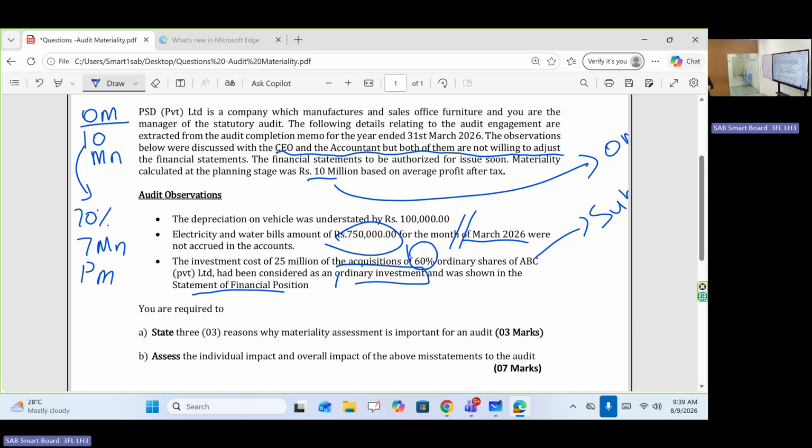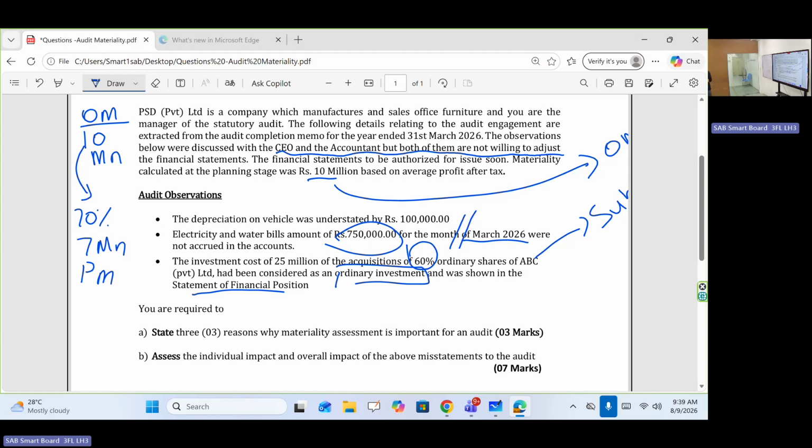Also less than overall and performance materiality level. Okay.